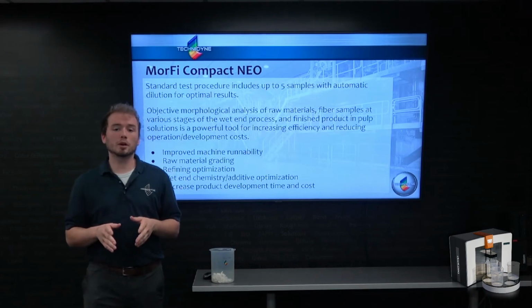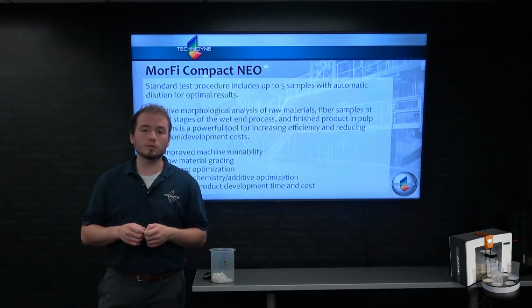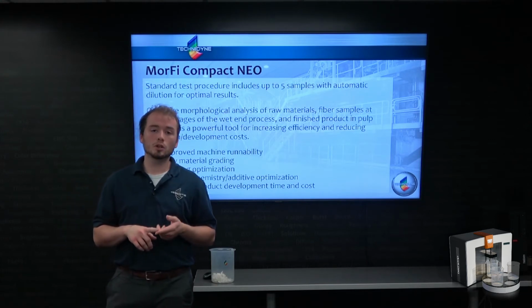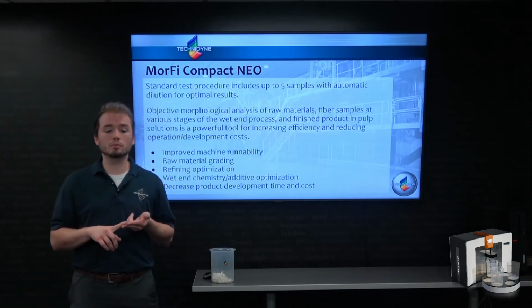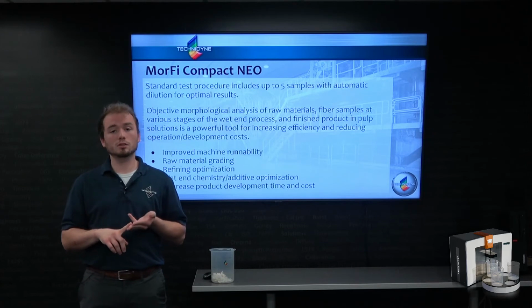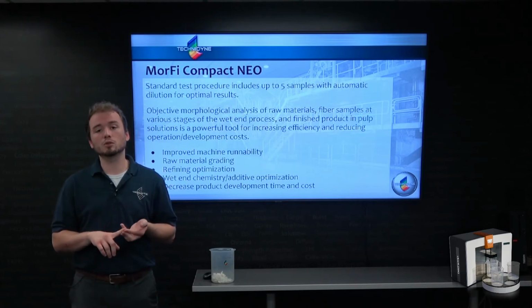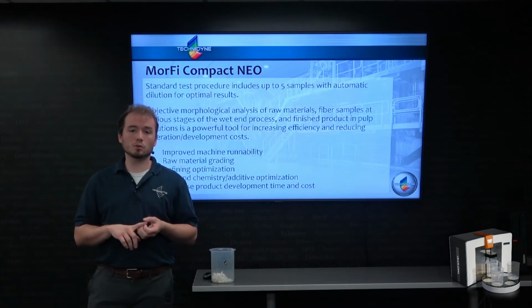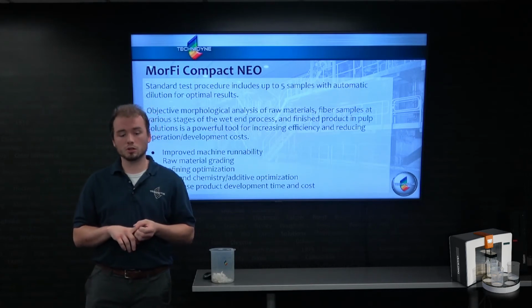With the Morphe Compact Neo, you can automatically test up to 5 samples for the morphological analysis of raw materials, your fiber samples throughout the wet end of the production process, as well as the finished product when made back into a pulp solution. It's a powerful tool for increasing the efficiency and reducing material costs in your production.